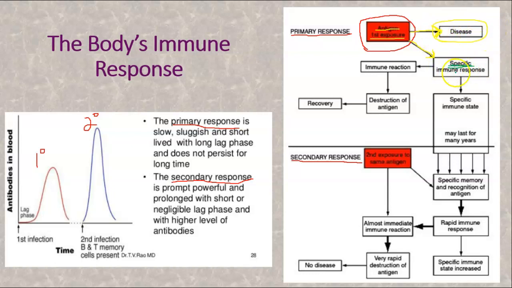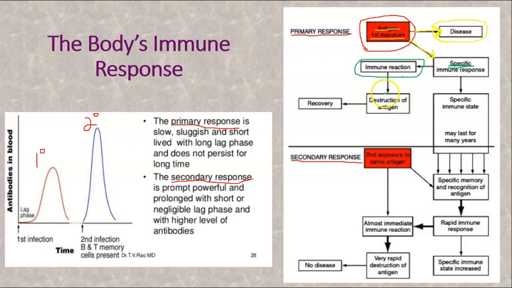and although you get the disease, there is a specific immune response, resulting in an immune reaction, and the ultimate goal of that immune reaction or response is to destroy the antigen. That would involve lymphocytes that would produce antibodies that would bind to the antigens.